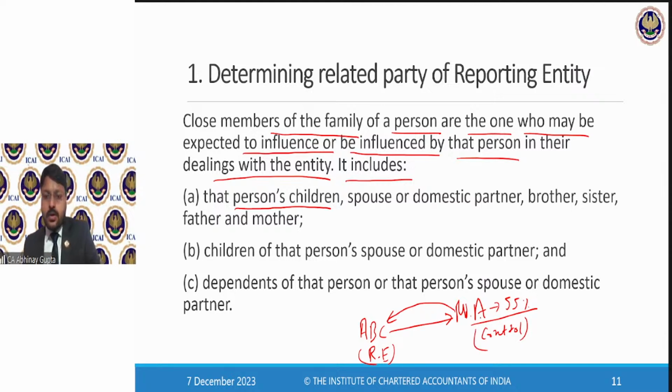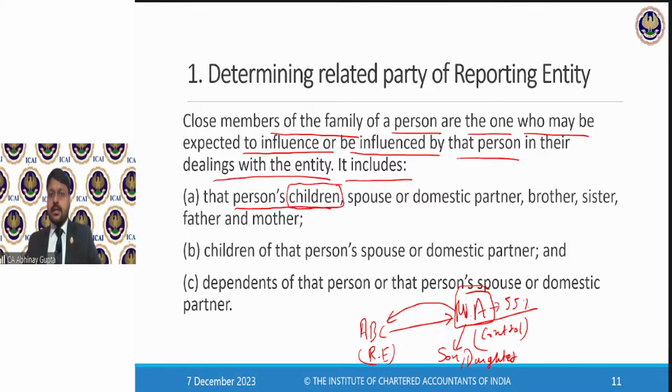Right? Now, who all relatives or close family members of Mr. A will also be covered under the definition of related party, right? So, person's children. So, Mr. A's son as well as daughter. Okay. Now, the standard has used the word children, right?